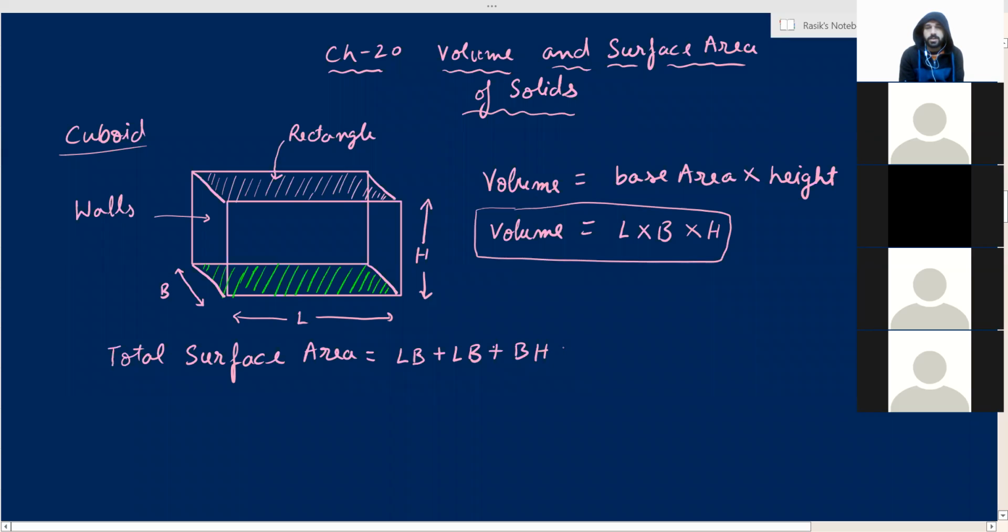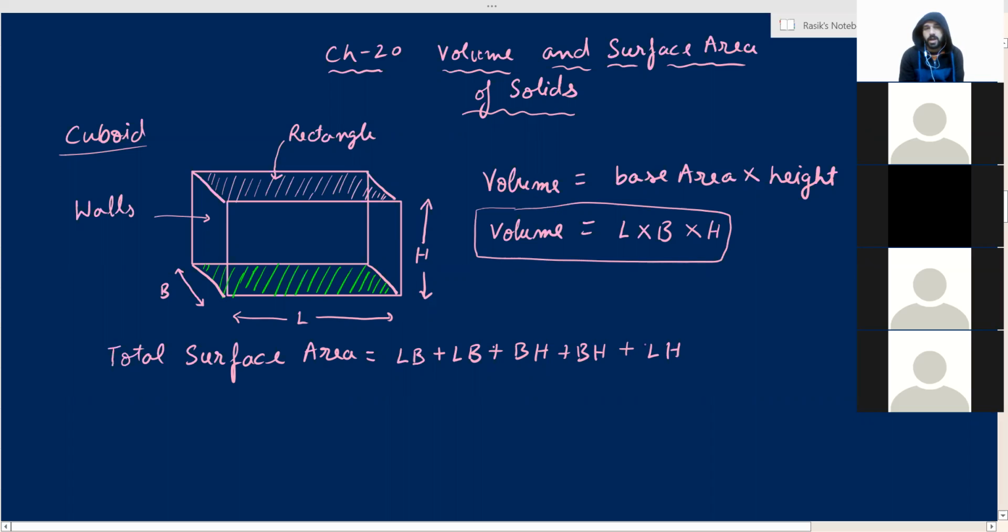Yes, sir. Same goes for the wall which is in front of it. Two walls are of the same kind. So base into height plus base into height again. This one, this wall. Okay. And then the front wall of the cuboid, its area will be LH.